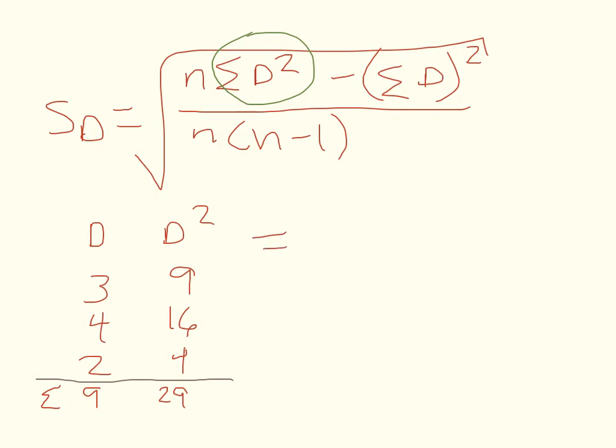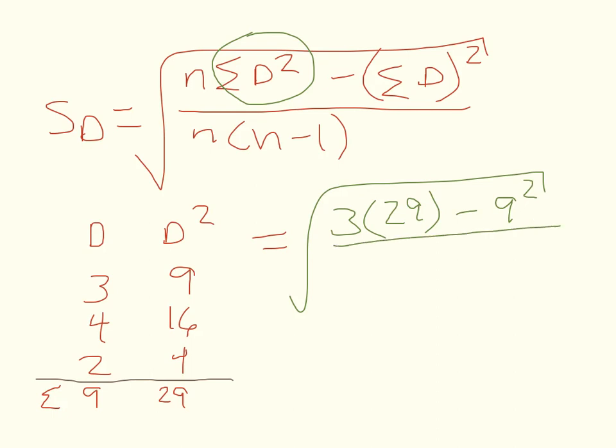Equals, and this is if I'm doing it by hand, of course, the square root of n, which is 3, times the sum of d squared, 29, which looks like about 87 to me. Yep. Minus 9 squared, which is 81. So the top, 87 minus 81, gives us 6, over 3 times 2.